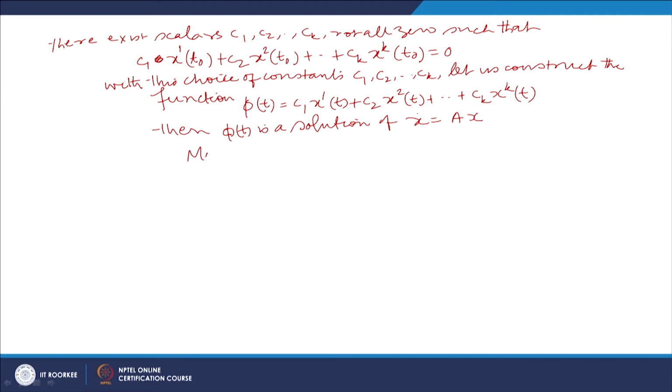Moreover, phi t naught is equal to C1 x1 t naught plus C2 x2 t naught plus Ck xk t naught, which is equal to 0.